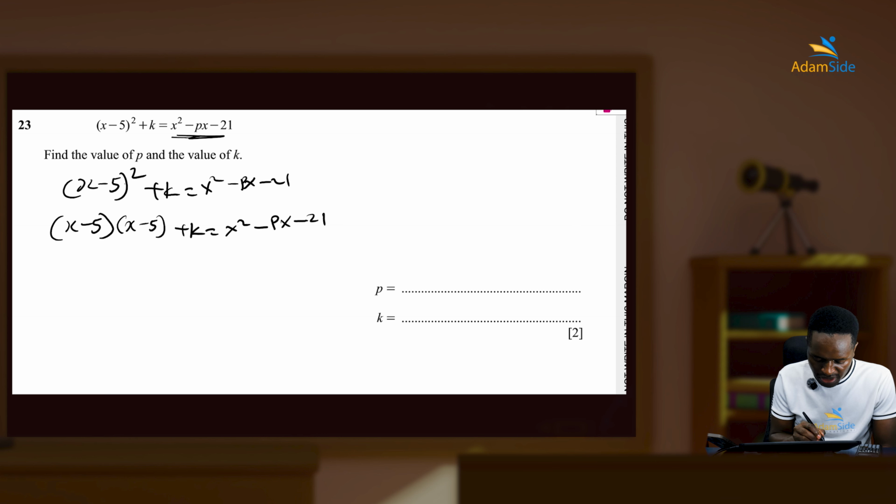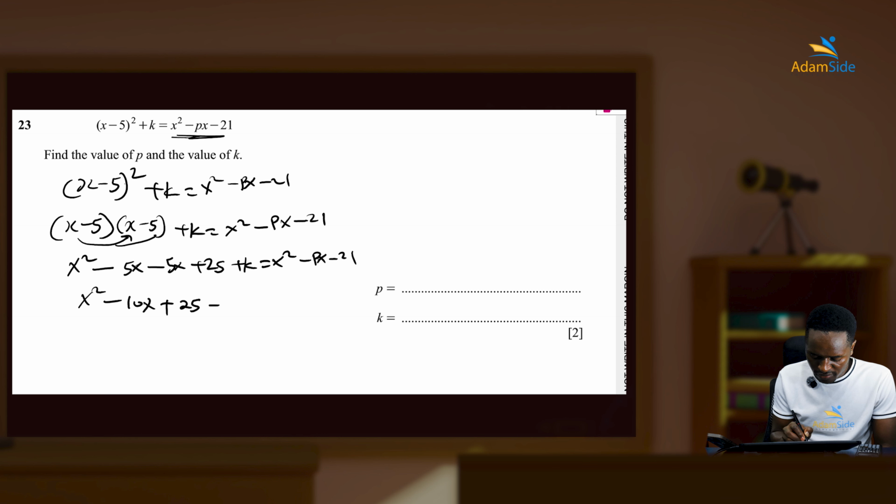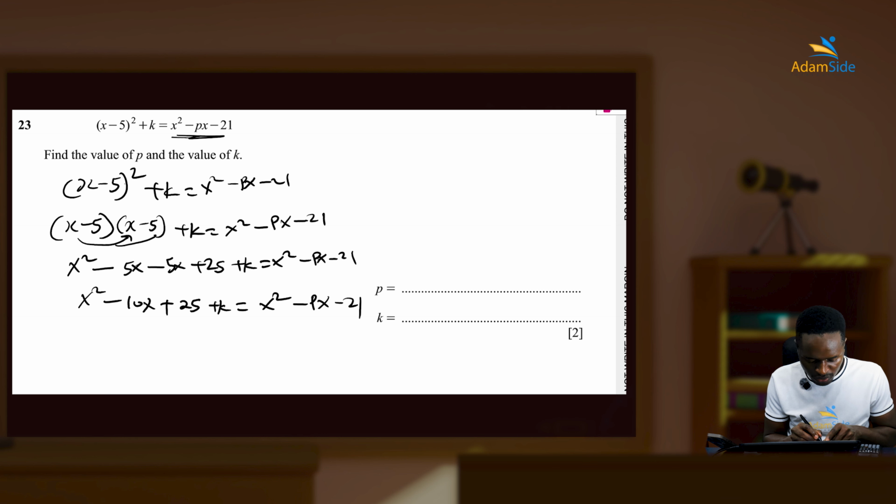So what do we do in that case? Expand. x squared, and then minus 5x, minus 5x, plus 25, plus k is equal to x squared minus px minus 21. So x squared minus 10x plus 25 plus k is equal to x squared minus px minus 21. Correct? Now they say find the value of p and the value of k.